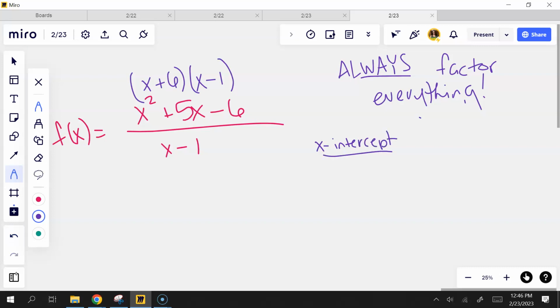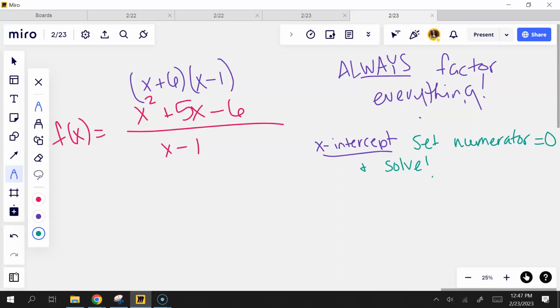Set y to 0, but this is a little bit more difficult because of the fraction. These will be non-calculator for graphing rational functions.